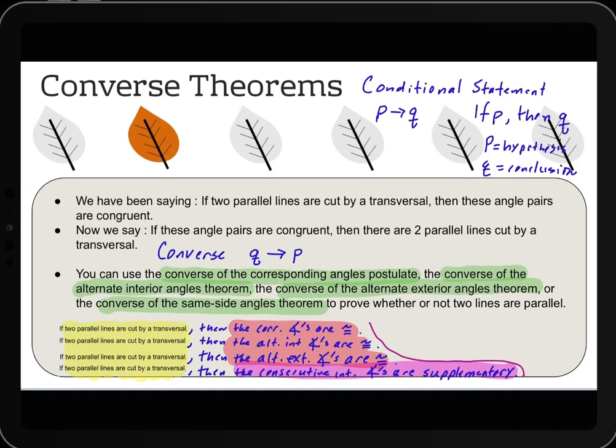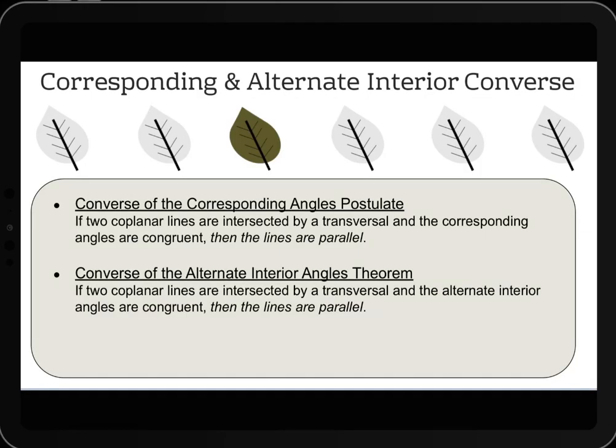So I'm going to show you the converses first, so you have an established understanding of their exact verbiage. If we look at the converse of the corresponding angle postulate, pay attention to what I've provided on the screen. The converse says that if two coplanar lines are intersected by a transversal and the corresponding angles are congruent, then the lines are parallel.